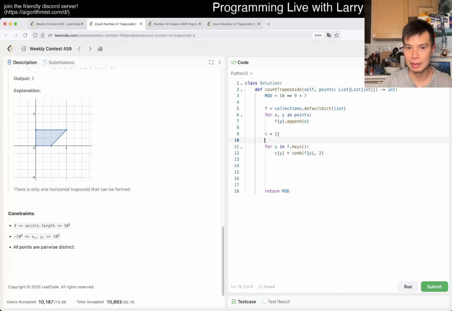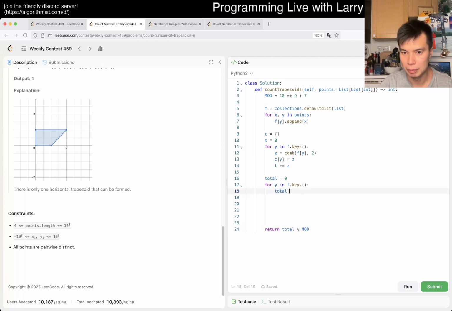And then maybe a t is equal to 0, and then just, okay. Alright. Then you do it again, and then total is equal to 0. I'm not even gonna bother modding it, but I don't think it matters.